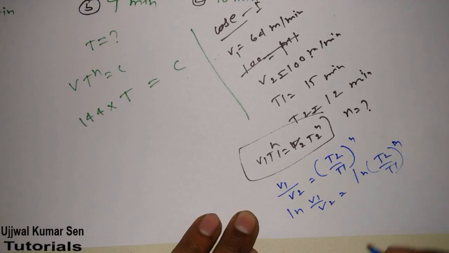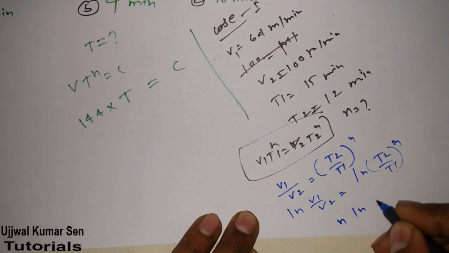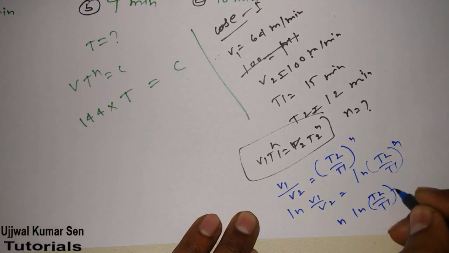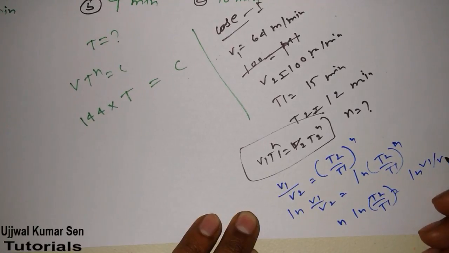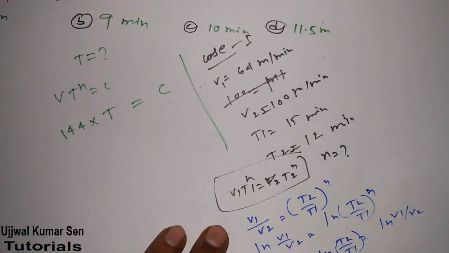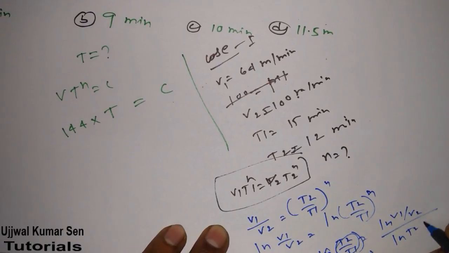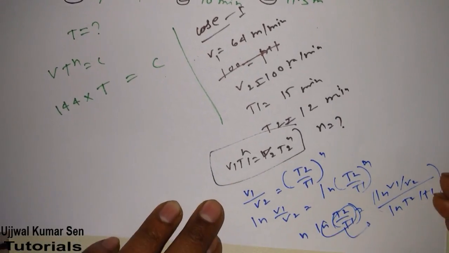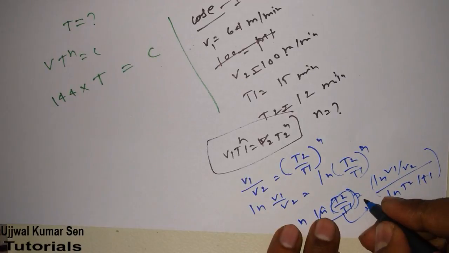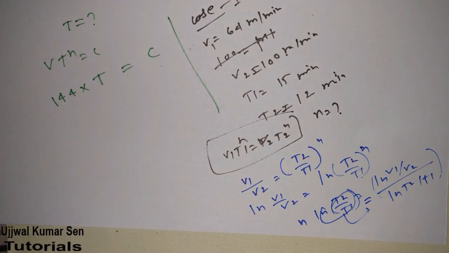So n will come this side, and we can send this value to this side. So n is equal to ln of v1 by v2 divided by ln of t2 by t1.